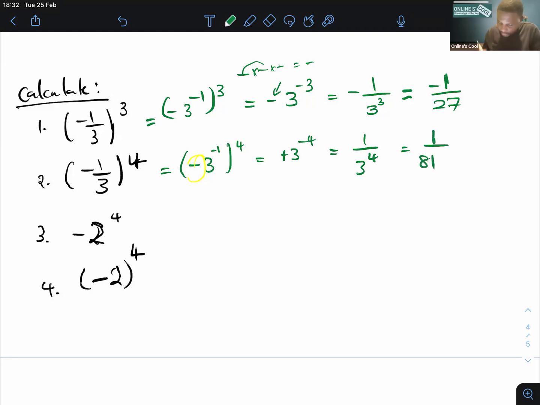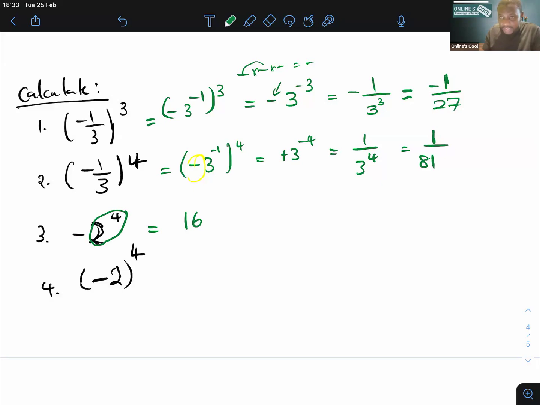Then what about -2 to exponent 4? What is it? Wait, positive first. Why positive? Because the exponent is an even number. Remember, the exponent is with the 2, not with the negative.